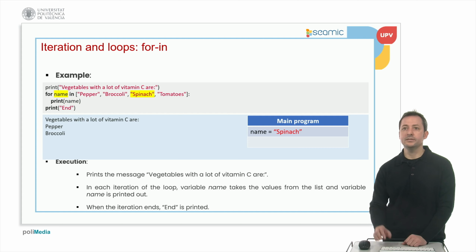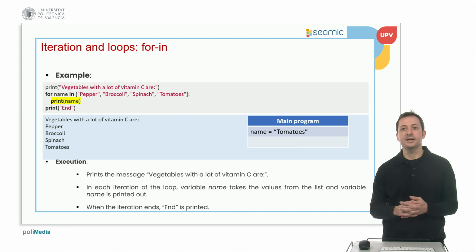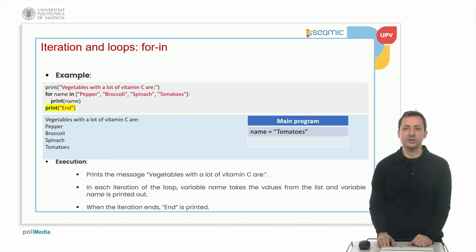Again we go here and take the next value, go inside, print, go here, take the last value and go inside here. Since there are not any values in this list to be taken, the loop ends at this point. And then we proceed with the next instruction below the for statement, that is this final end. Here an end will appear in the terminal.